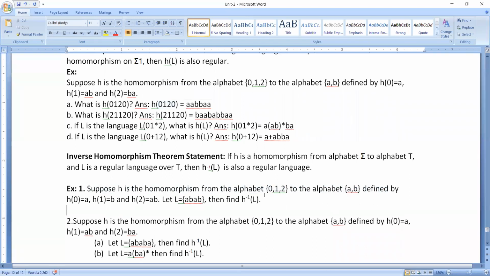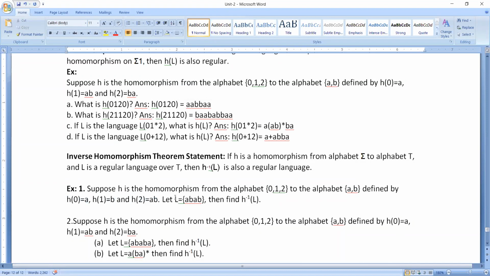In the sense, our homomorphism function works with strings consisting of input symbols 0, 1, 2, and we will be having one more alphabet which is {a, b}, where it is going to represent the strings belonging to our language L. Then it has given the homomorphic function: h(0) = a, h(1) = b, and h(2) = ab.